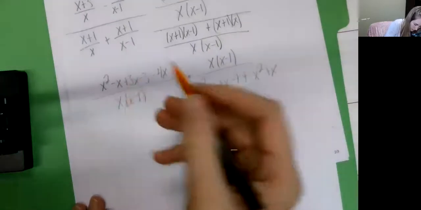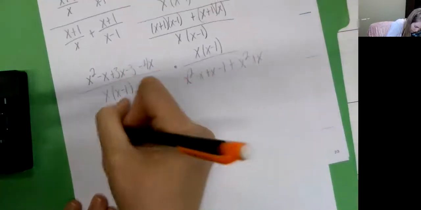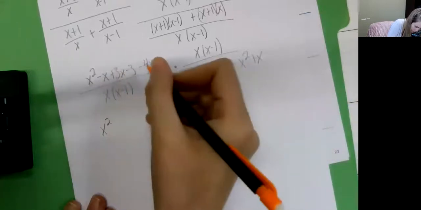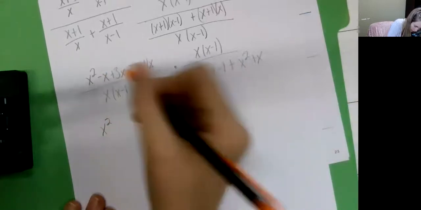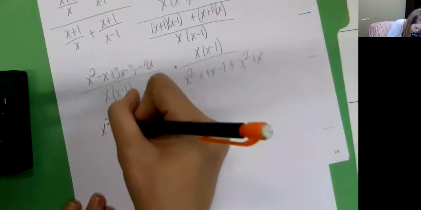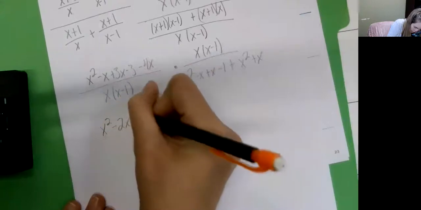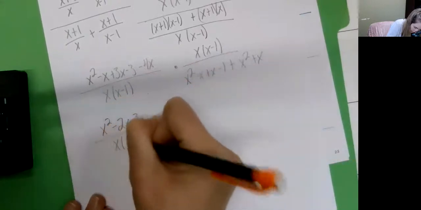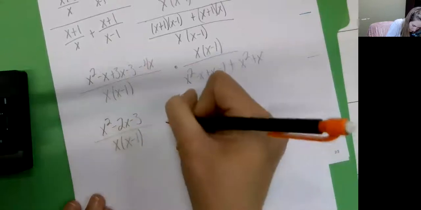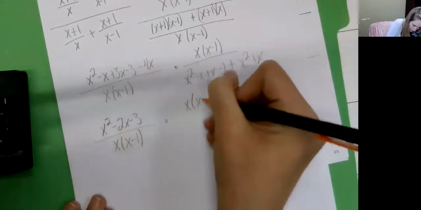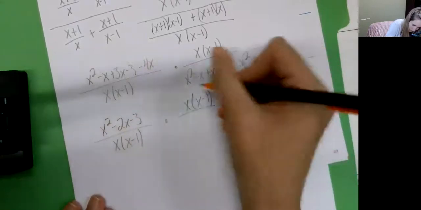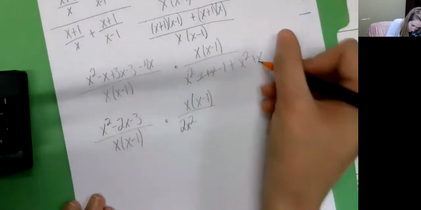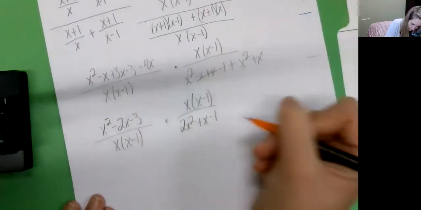Now then, combining like terms, I'd have x squared, negative 5 plus 3 would be negative 2x subtract 3 over x times x minus 1 times x minus 1 over, that's 2x squared, those canceled, plus x subtract 1.